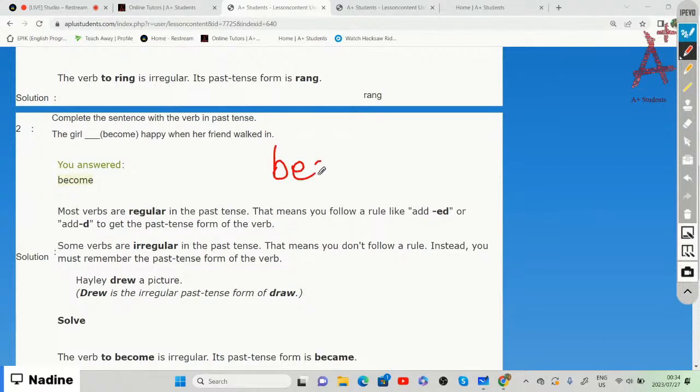Become changes to the past tense of became. See, the O basically changes to an A. So become changes to became. The girl became happy when a friend walked in. So the irregular past tense form of that verb, which is become, changes to became.